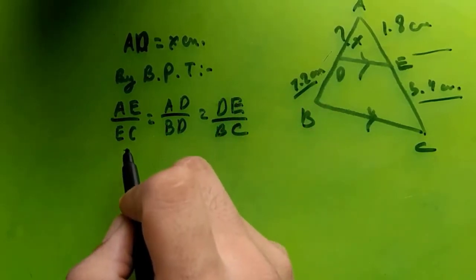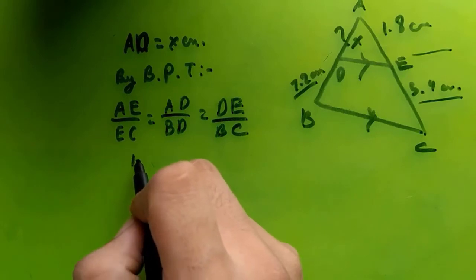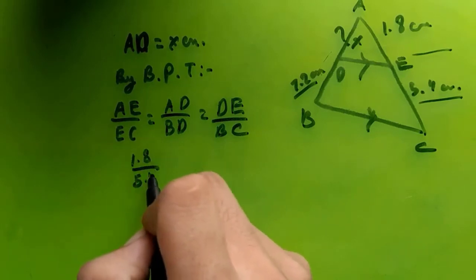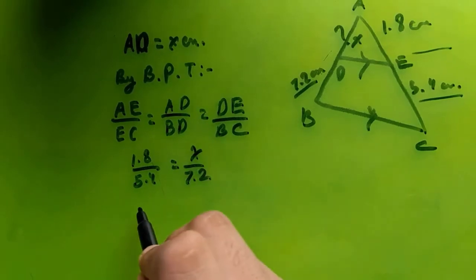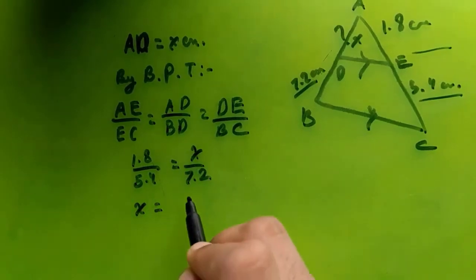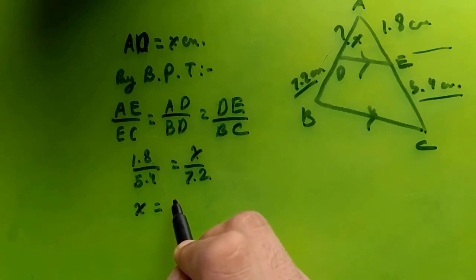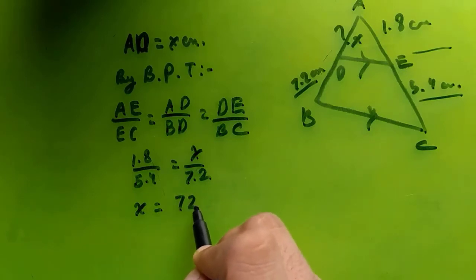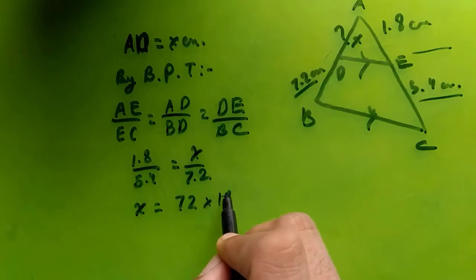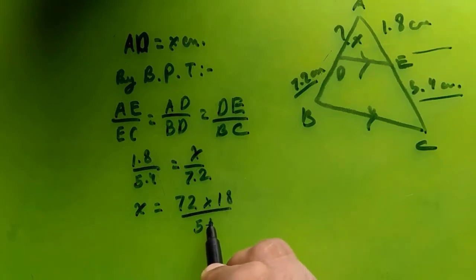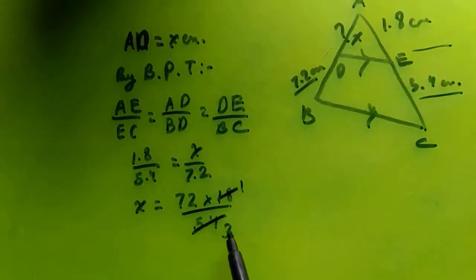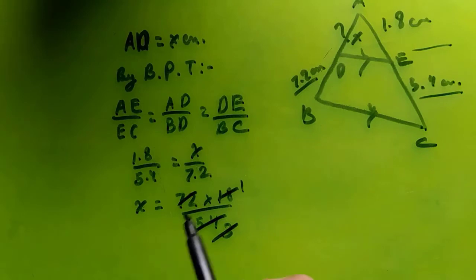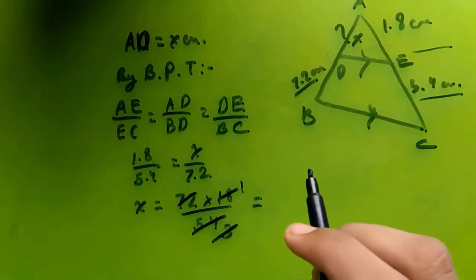Therefore what is the value of AE? AE value 1.8 upon 5.4 is equal to x upon 7.2. Therefore x is equal to 7.2 into 1.8 by 5.4. Therefore 18 ones are 18, threes are 3, divided by 72 is equal to 2.4 cm.